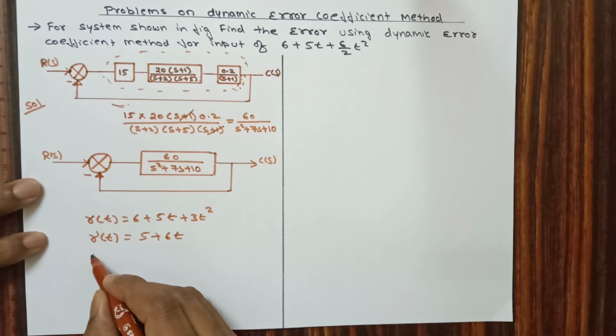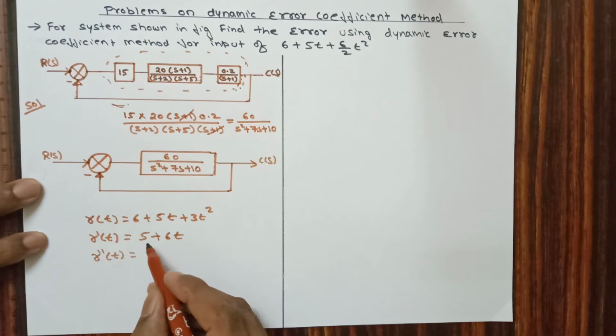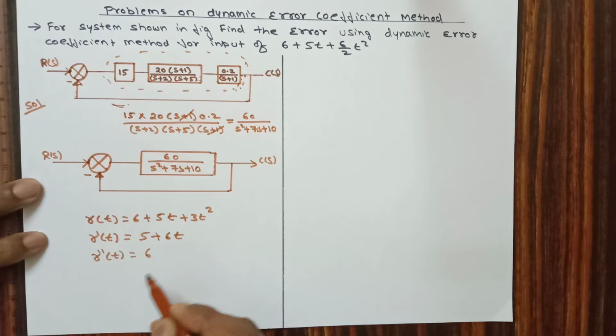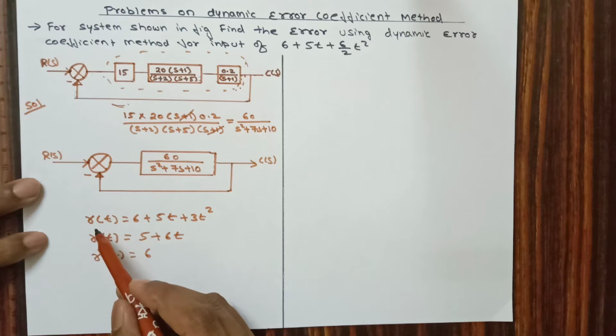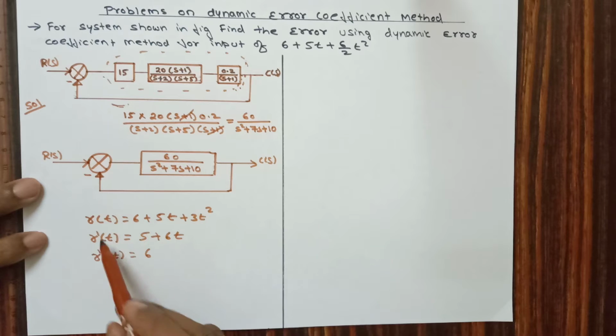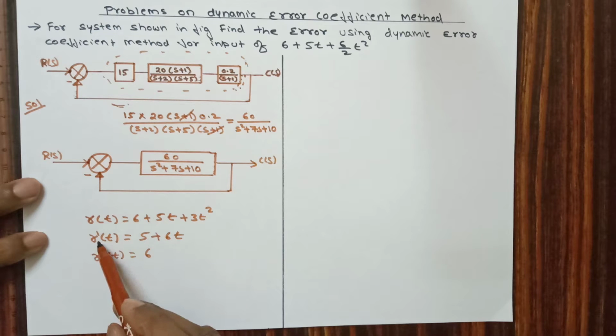Further differentiating, r double dash of t, the constant becomes 0, and we get 6. Further differentiating, I will get 0. We'll stop here. The given input r of t is 6 plus 5t plus 3t square, r dash of t is 5 plus 6t, and r double dash of t is 6.